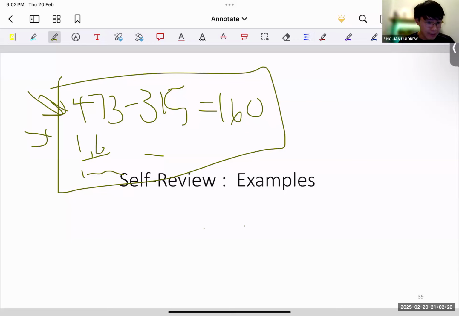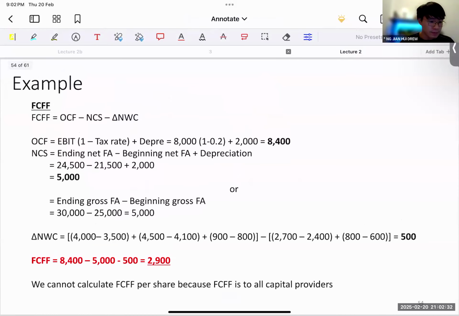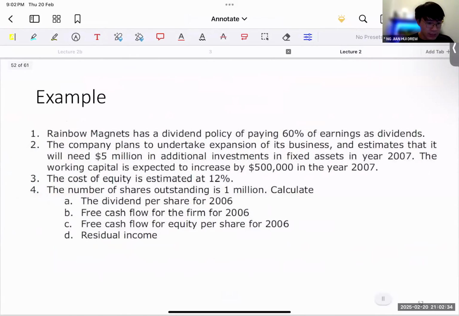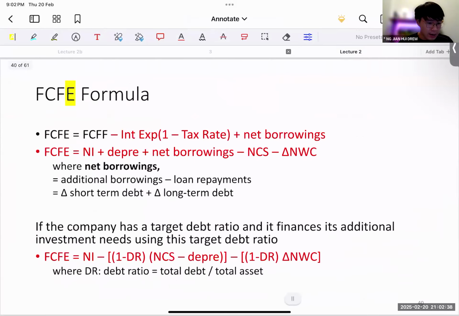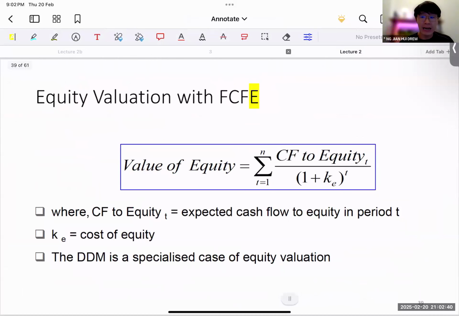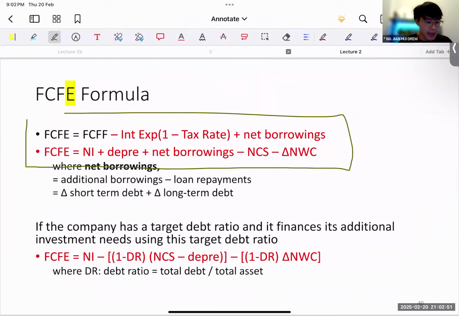Let me just see whether I have the last lecture, lecture two. The reason I wanted to highlight this is because in the next lecture we'll cover it in more detail, but I want to highlight this here. Okay, so your FCFE, right? So FCFE and FCFF is here.